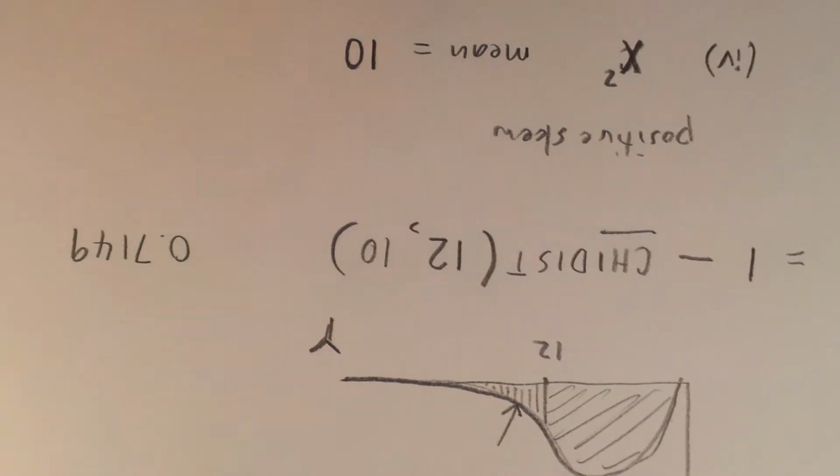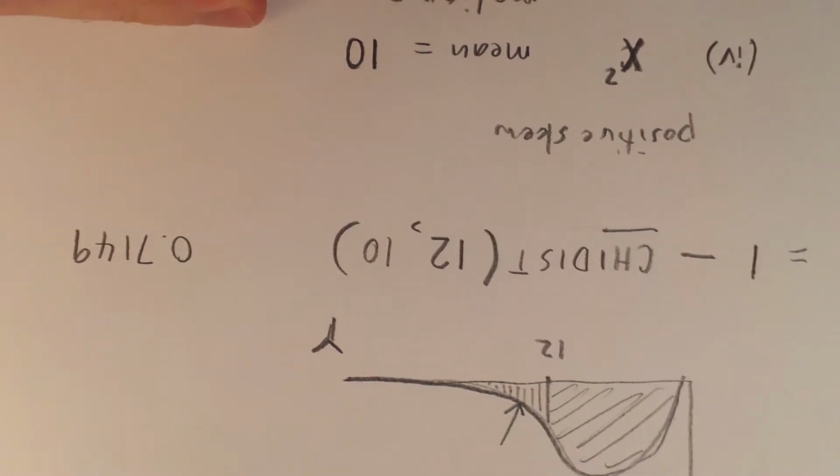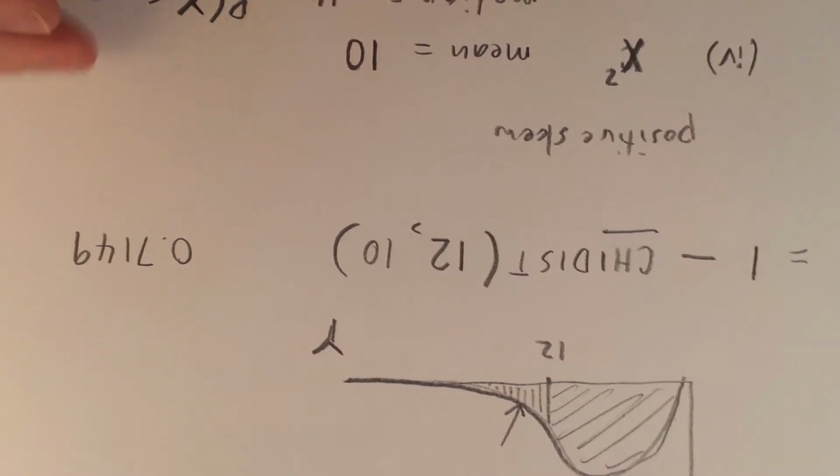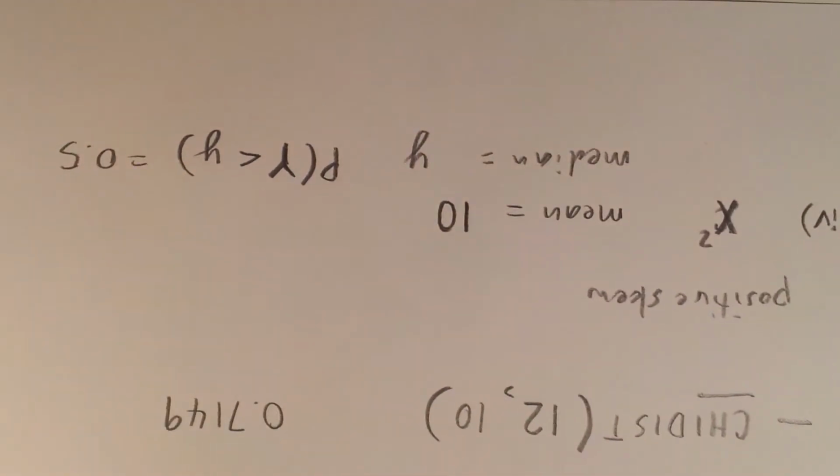And then the median is actually the score, let's call it y again, such that the probability of getting a chi-squared value less than that specific value y is equal to 0.5. So with the median, there's a 50% chance of getting below it, and a 50% chance of getting above it.